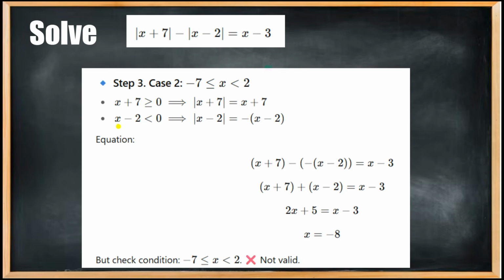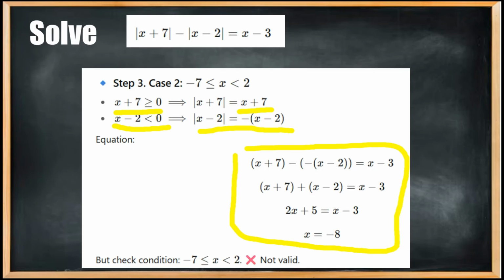In this case, x minus 2 will be less than 0, and in this case, it will be greater than or equal to 0. So for greater than or equal to 0, the value remains the same, and for less than 0, we have to put a negative in front of the value. This we already know. And when we solve this equation, we get x is equal to -8. Again, see this -8, it does not fit this interval which we had chosen for this case. Because it does not fit this interval, this is also an invalid value.